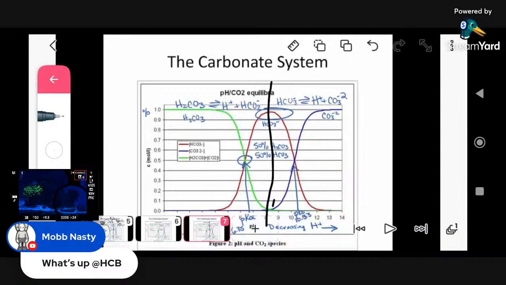Let's say my fish tank pH is at 7 right here. Or let's go a little lower. Let's say we're at 5, because 5 is right here on the graph. We'll make it simple. 7 is on the borderline, so let's say it drops between 5 and 7, around a 6, right?